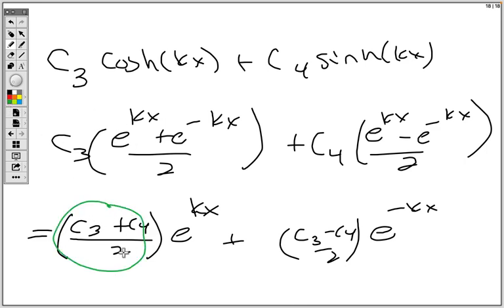And I could just relabel this as a C1 and relabel this as a C2. So arbitrary linear combinations of cosh and sinh are going to get us back to arbitrary linear combinations of e to the kx and e to the minus kx and vice versa. Okay, so you can convert between the two solutions.